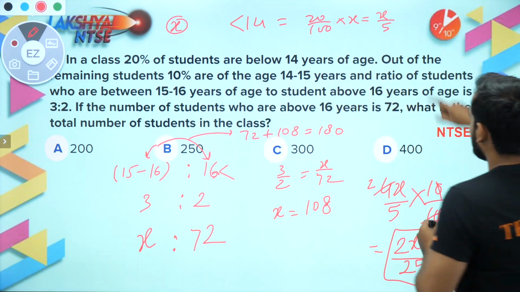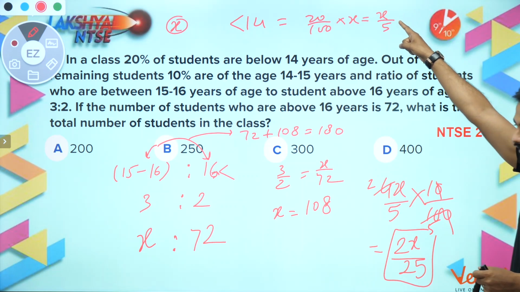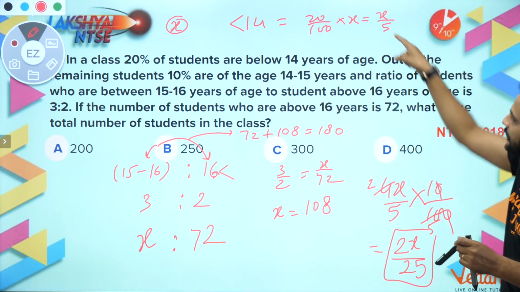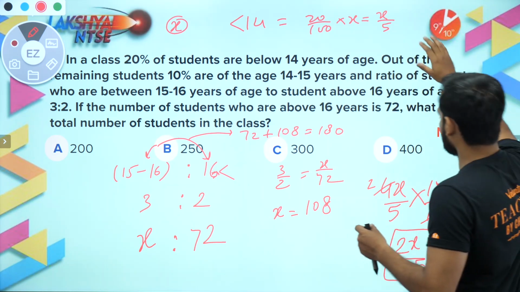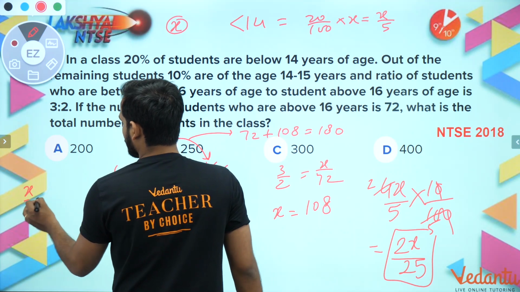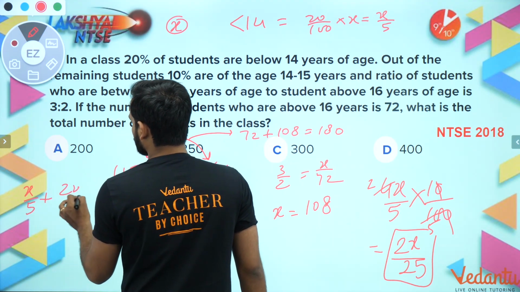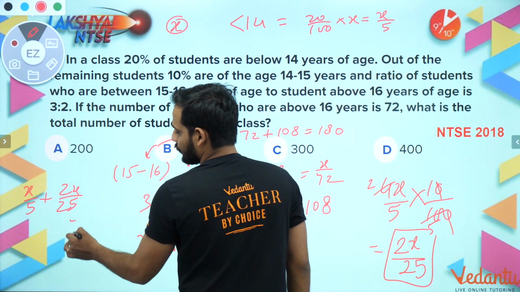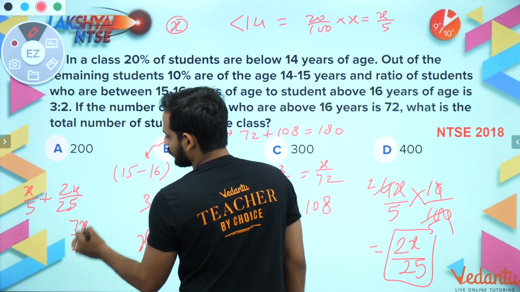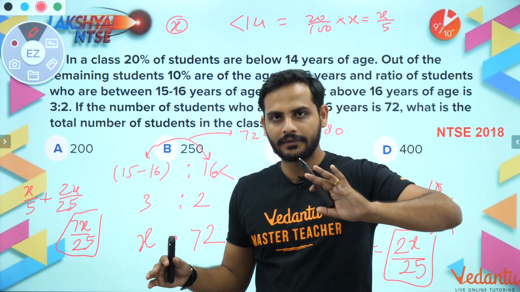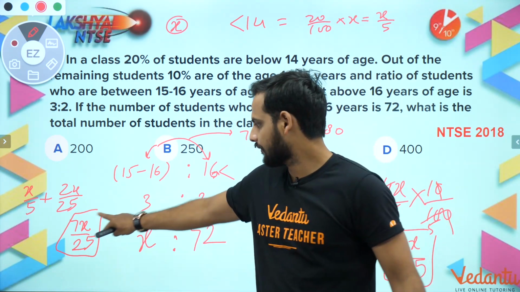So x by 5 are less than 14 and 2x by 25 are between 14 and 15. So how many in total? x by 5 plus 2x by 25. If you take LCM here, 5 into 5, you will get 7x by 25 students which are less than 14 and between 14 and 15 in total.